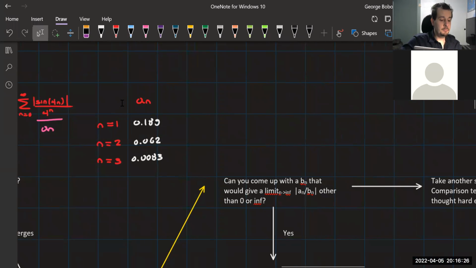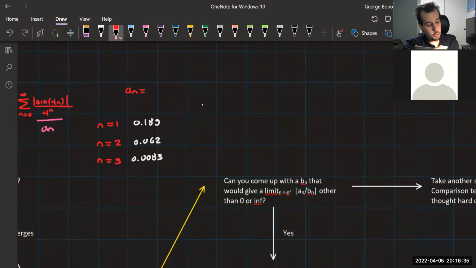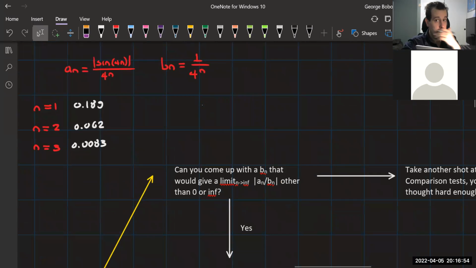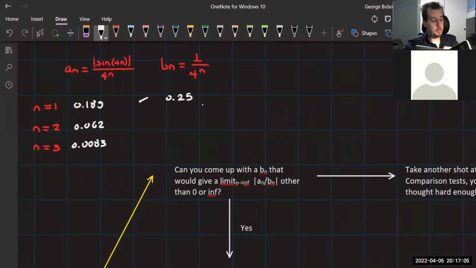What are we thinking here? I will give you a minute as I'm writing here for you to come up with something. Can you do 1/4 to the n? Okay, let's try that one. 1/4 to the n, you're saying. If n is equal to 1, that is just going to be 0.25, just 1/4 basically, and that's bigger.